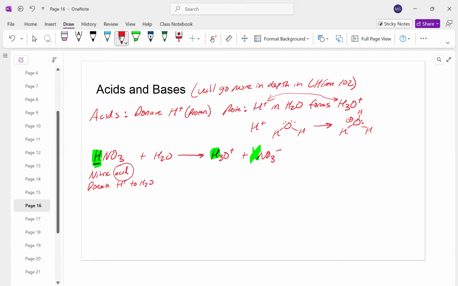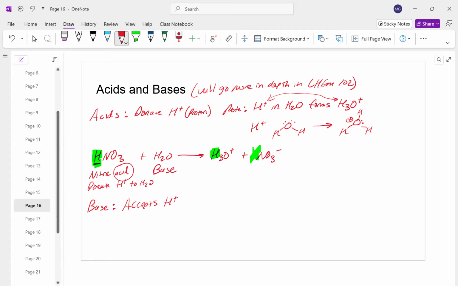Now, on the flip side, since water accepted that proton, it's what we call a base. So the definition that I want you to know right now for a base is a substance that accepts a proton.